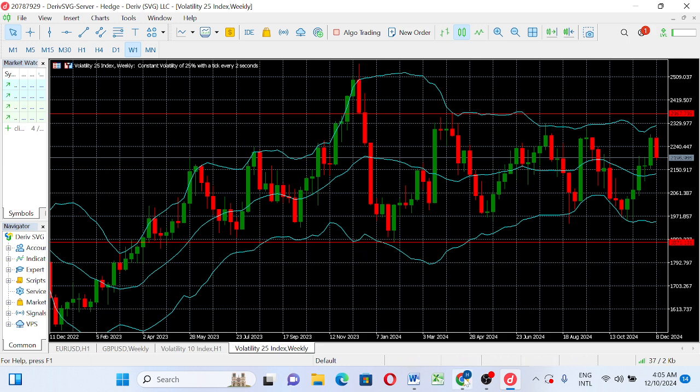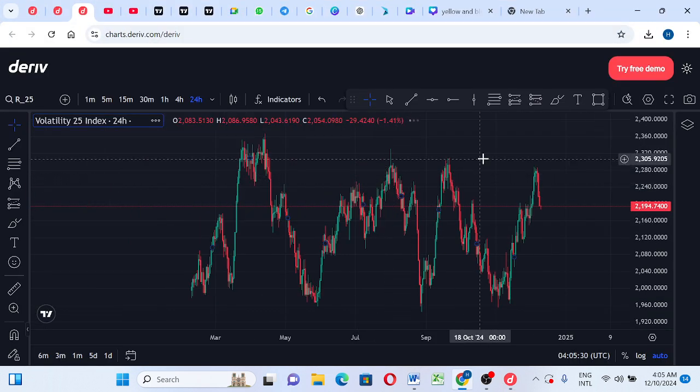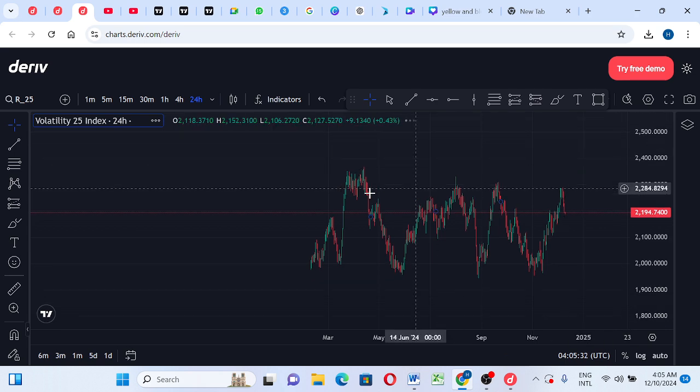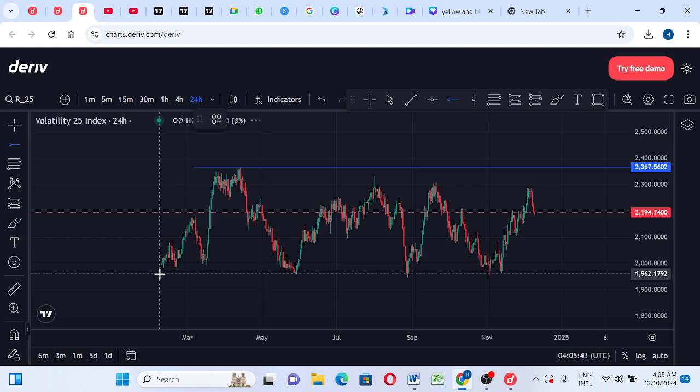Now that being the case, we can go back to our normal chart. Basically what I just showed you is what we have here, which is this high, the highest point, and then this is the low.